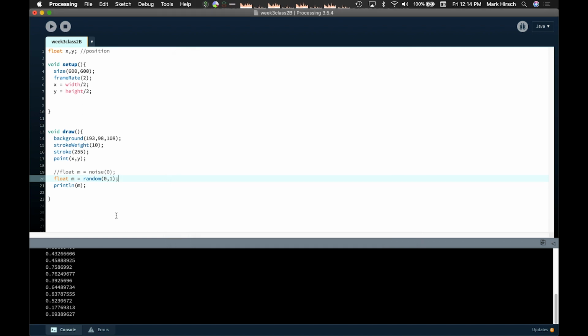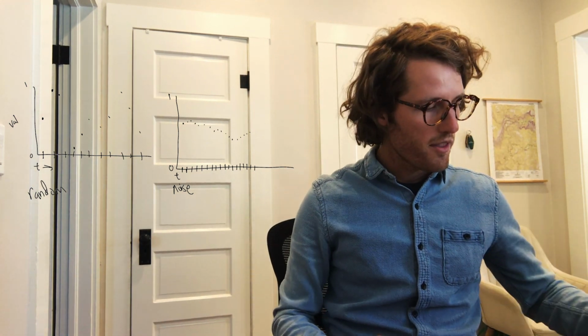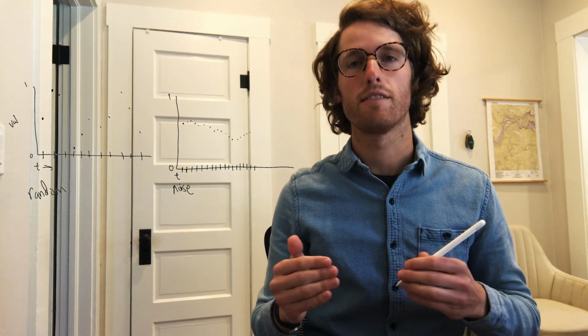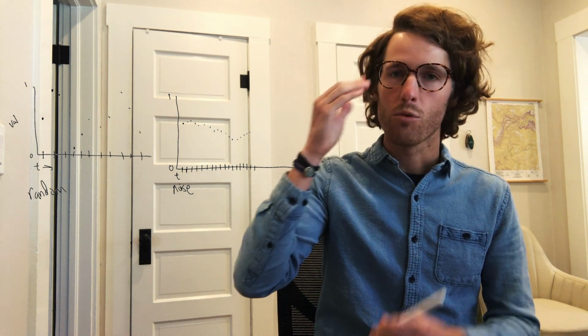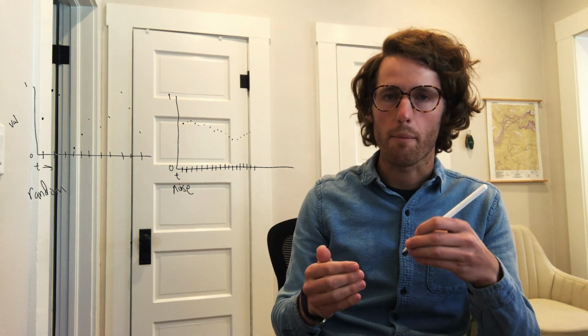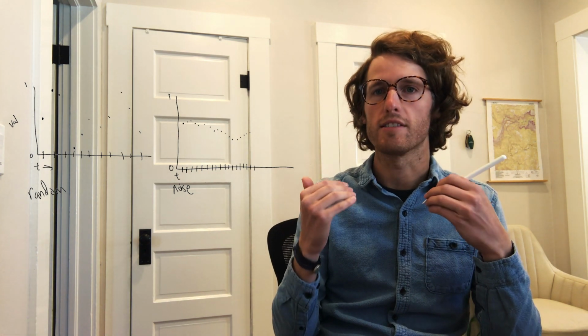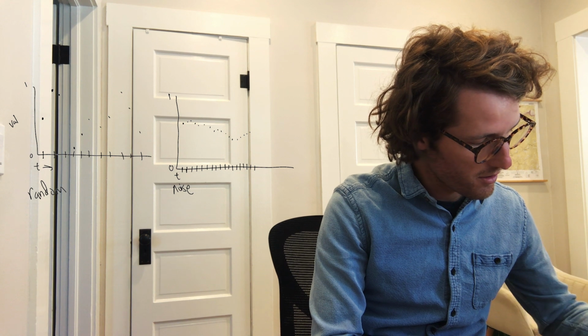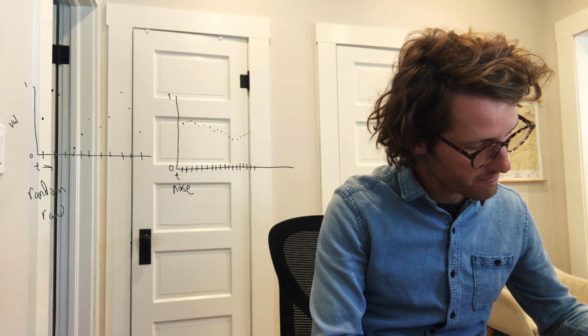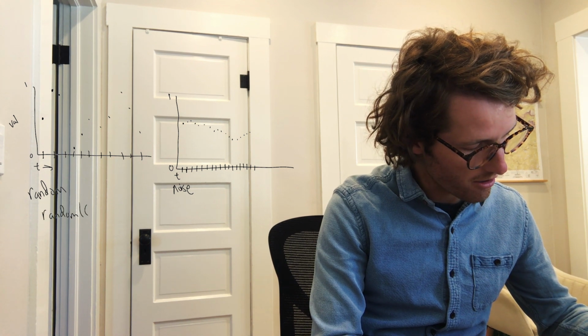So let's switch back over to the other screen here. This helps to illustrate the big difference in terms of how we use noise and random. Random, remember, inside the parentheses, we just need to tell it the range. So random between 0 and 1.